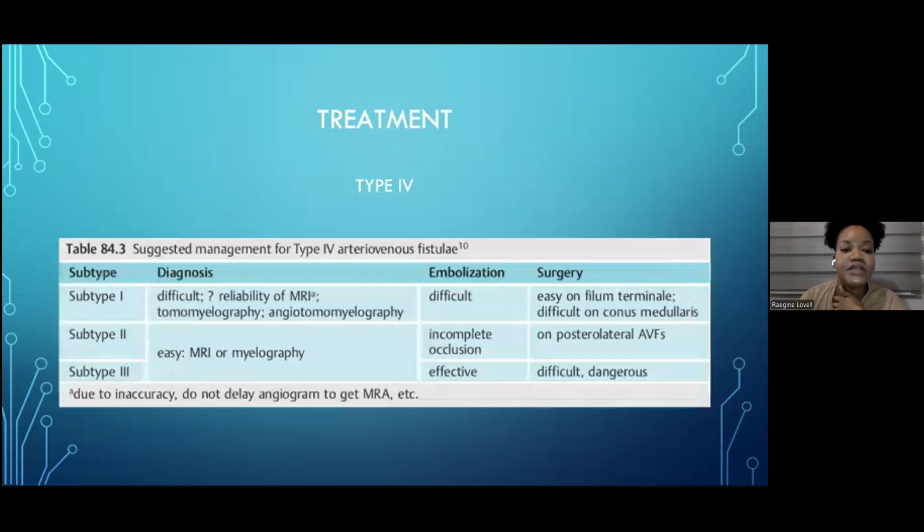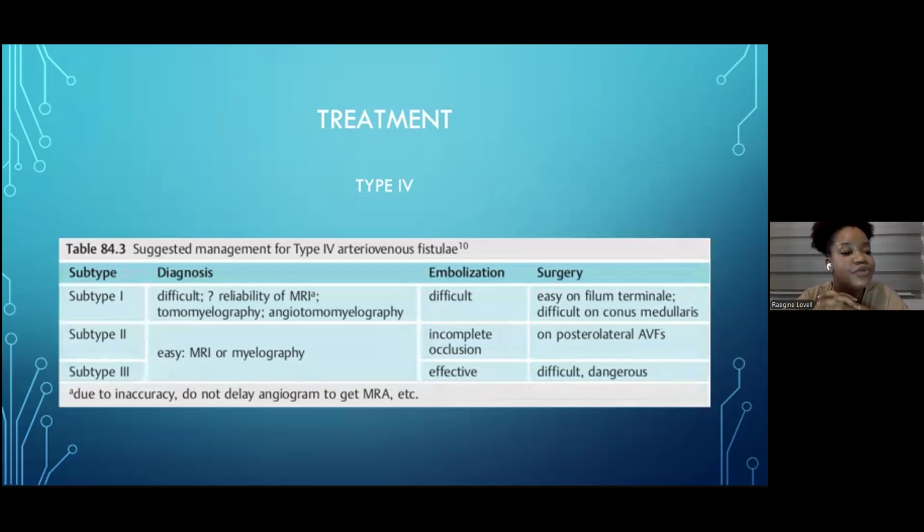This table summarizes the treatment approach for type 4 arteriovenous fistulae. So for subtype 1 or A, as I described above, diagnosis is difficult, the reliability of MRI is questionable, embolization is difficult, and surgery is easy on the filum terminale.